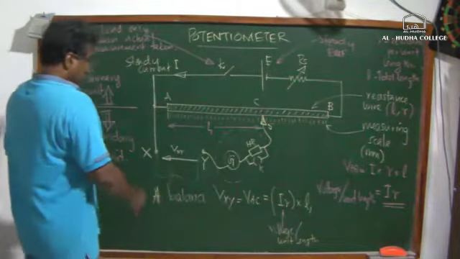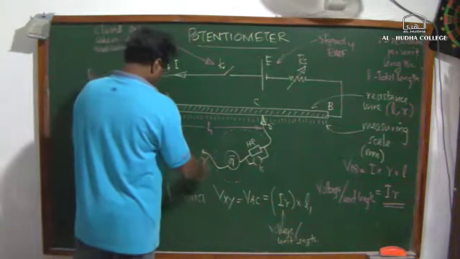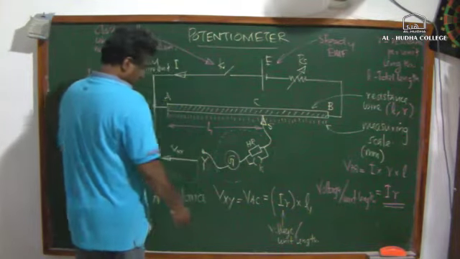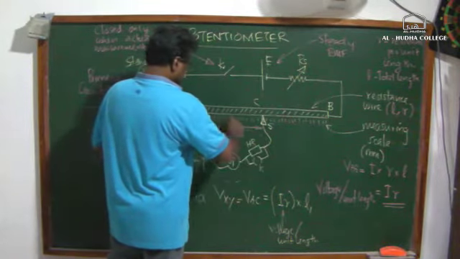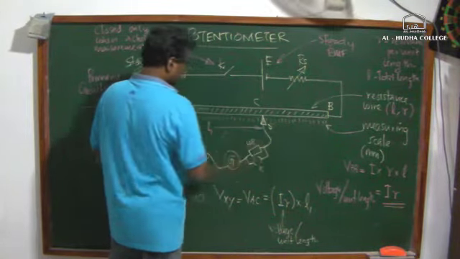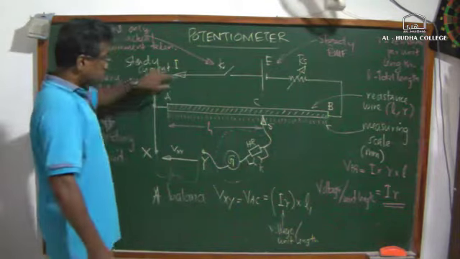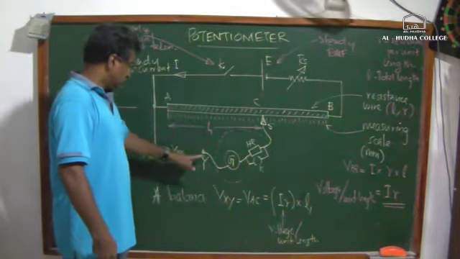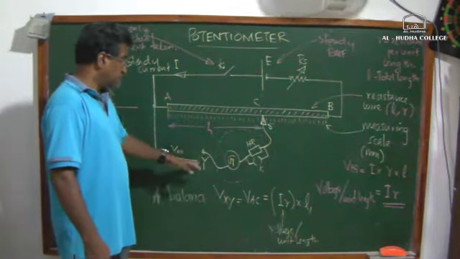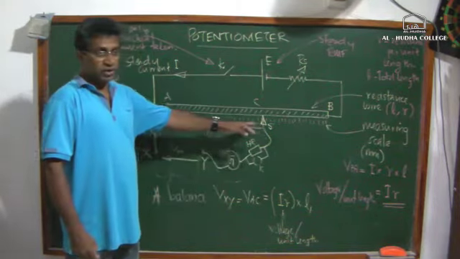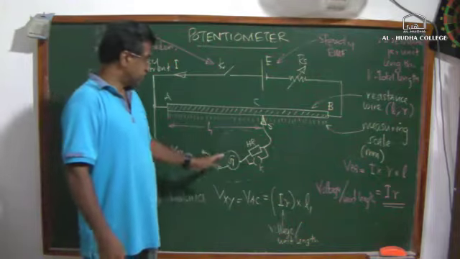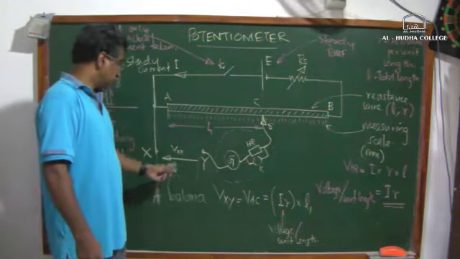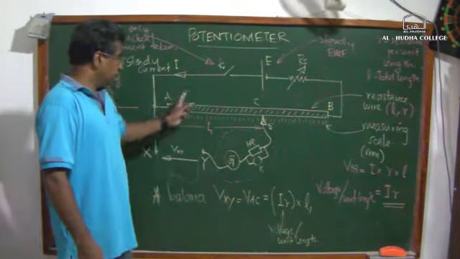Now we compare another voltage source here. By the sliding arrangement, we slide S. At one point when the voltage across AC and the voltage across Vxy become equal, the balance condition is obtained. The galvanometer reading is 0, right? So once the balance condition is obtained, we can directly say Vxy is equal to Vac.